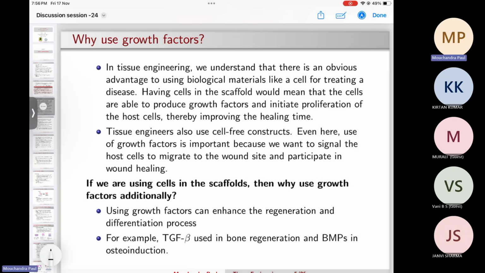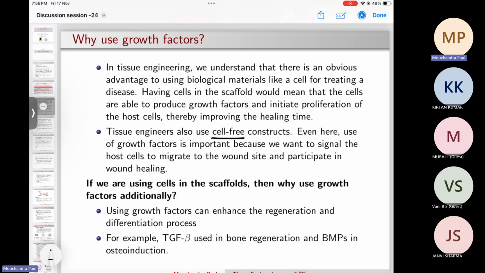But tissue engineers also work with constructs which are cell-free, meaning only a scaffold is used for a particular application, and no cells are there. For these kinds of constructs, growth factor is important because there is no source of signal otherwise.